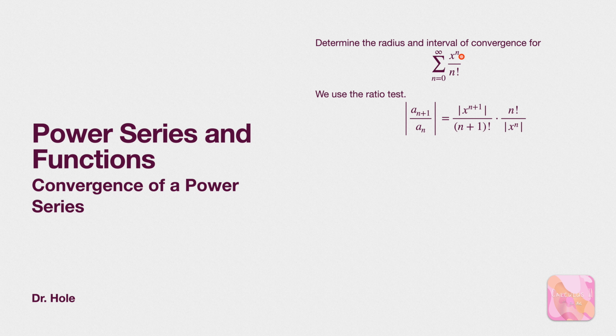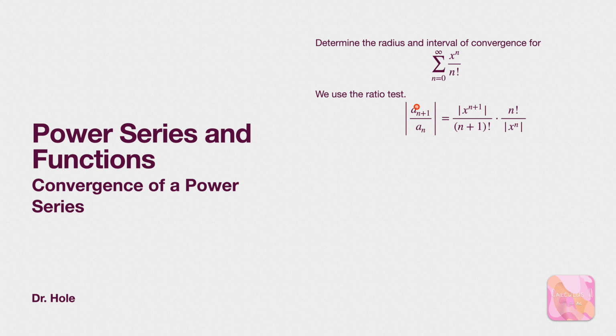In writing down the next term, we want to place absolute values on the entire next term. Since n is a non-negative quantity, when we write down n factorial as n plus 1 quantity factorial, we do not need the absolute values. But since x is a variable, it could be negative, 0 or positive, we do want to maintain the absolute values.